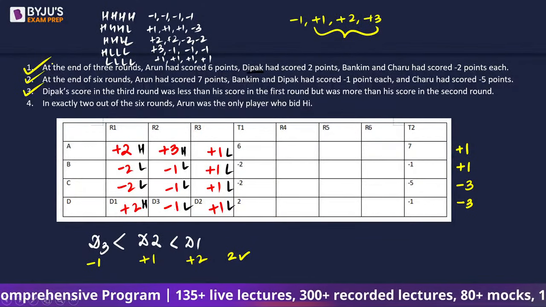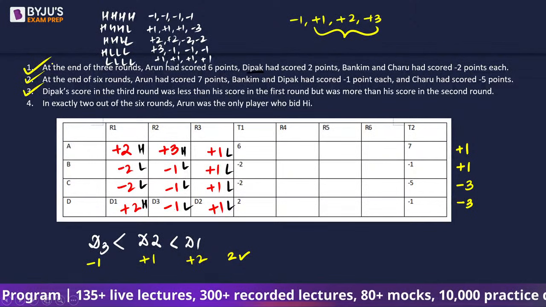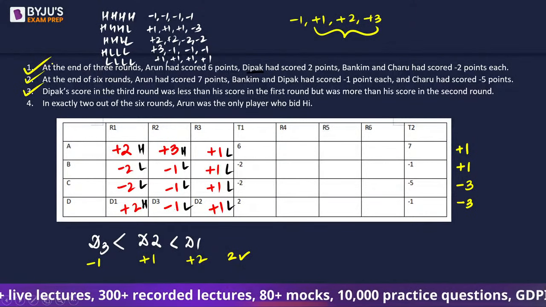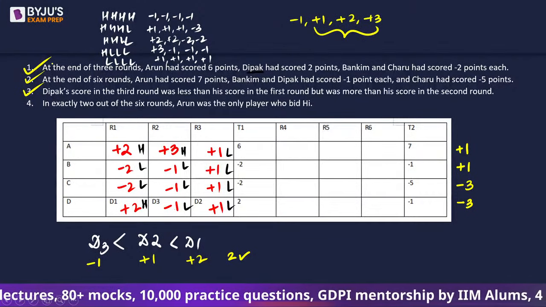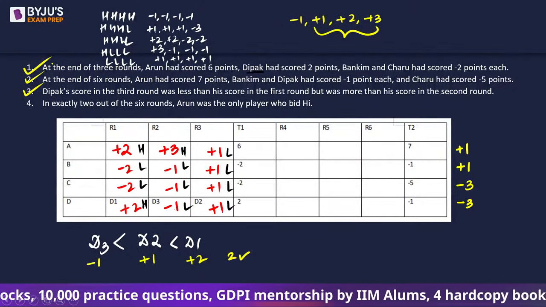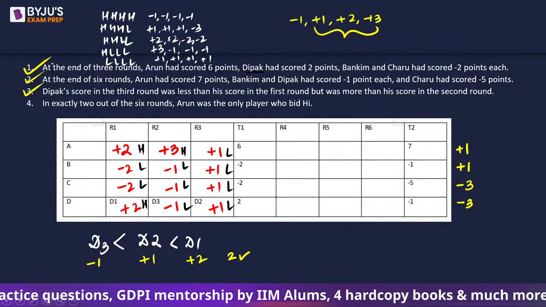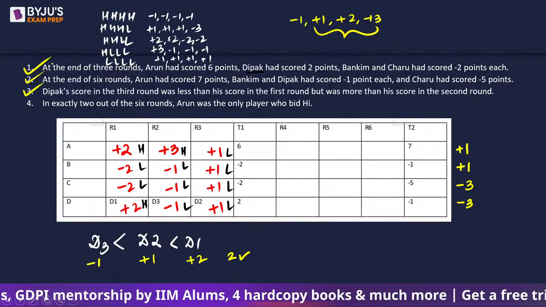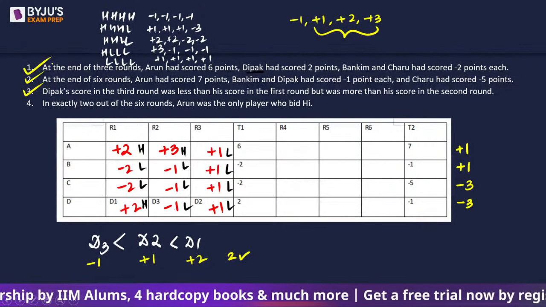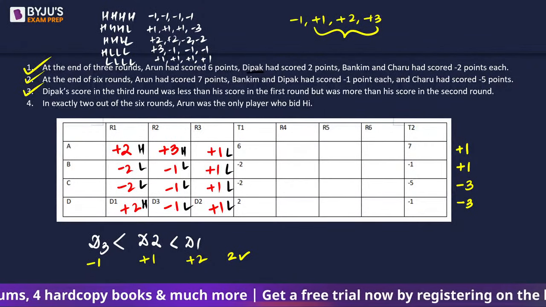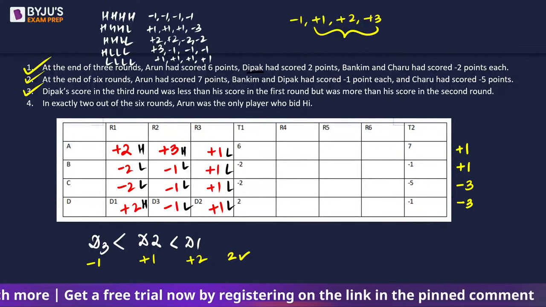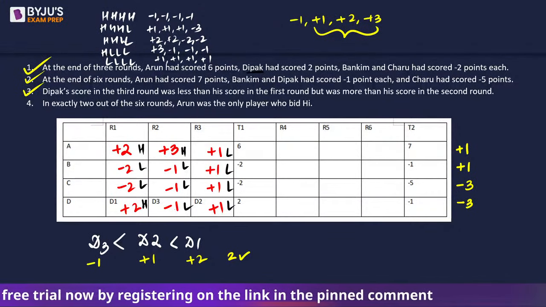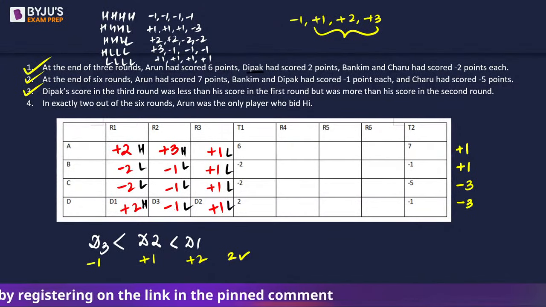The fourth point says in exactly 2 of the 6 rounds, Arun was the only player who bid high. So Arun has already bid high in exactly 2 rounds. That means the other people are going to bid high in either 1 round, definitely not in 2 rounds. So they're going to bid high in 1 round, or they're going to bid high in more than 2, right?